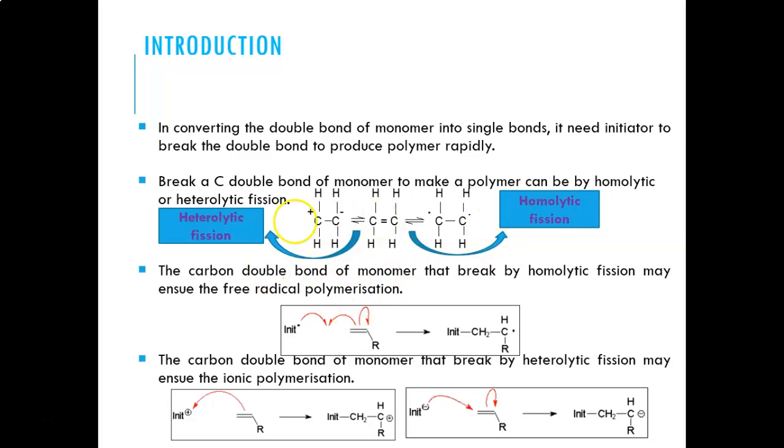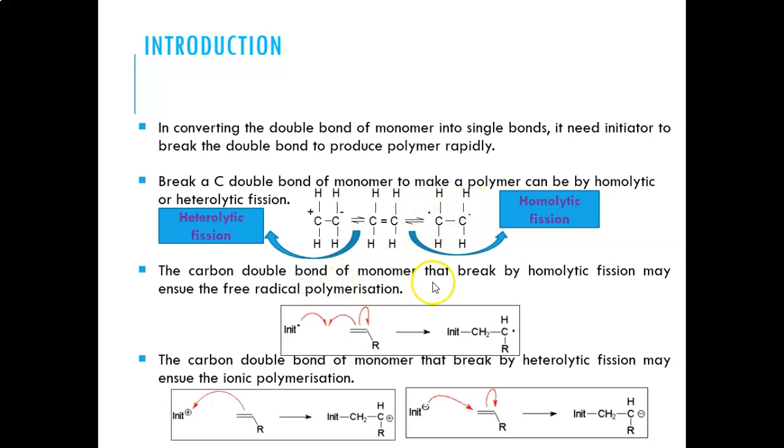As we can see, when this double bond breaks, each free radical will go onto each carbon. We call it the unpaired electron, denoted by this dot here.